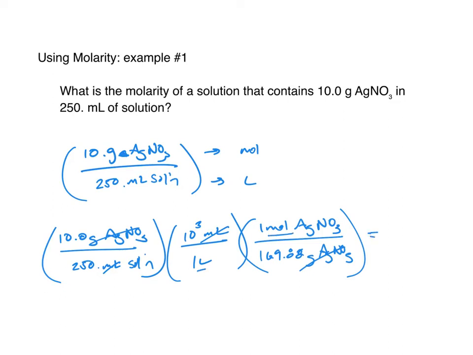So I just take 10, multiply by 1,000, divide by 250, and then divide by 169.88. I get a molar concentration of 0.235 molar AgNO3. Significant figures wise, I need 3; 10 grams and 250 milliliters both have 3 significant figures, so my solution would be 0.235 molar AgNO3.